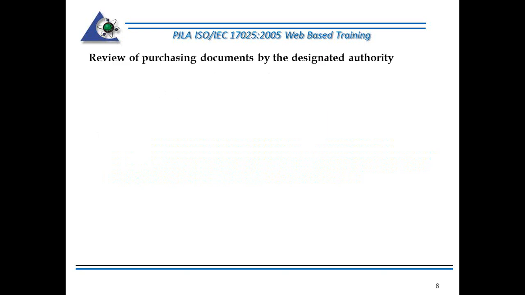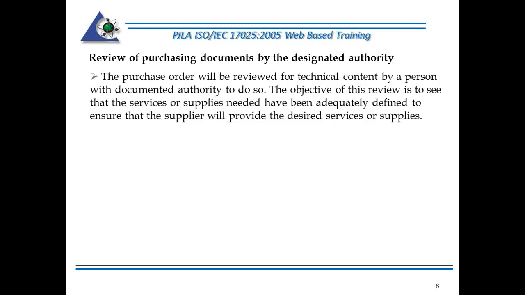Now, once we've gotten a requisition and then we've got a purchase order issued, not distributed or released, but issued, prepared, now that purchase order has to be reviewed. The purchase order will be reviewed for technical content by a person with documented authority to do so. This might be the person who generated it.